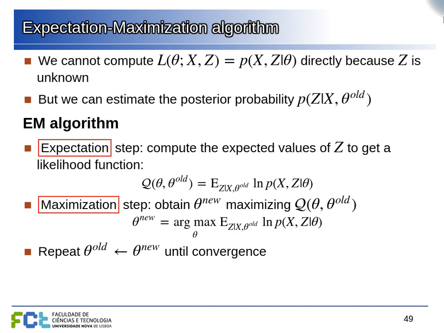In order to get an expression for the likelihood that we can maximize, we need to have a guess about that data that is missing, the Z. So this is the expectation step. We assume some set of parameters, the old set of parameters, the initial guess for our parameters, and now we compute the expected values of the hidden variable, that Z, given the values that we have for the X, the observed variable, and the old parameters.